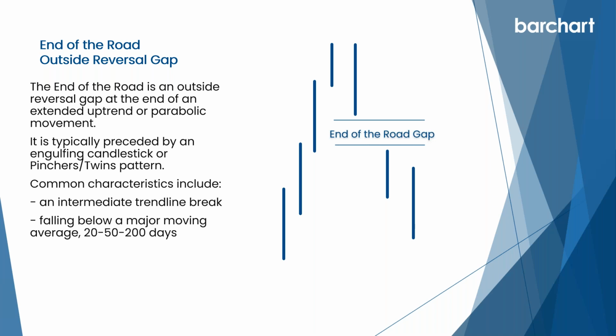Those are just your standard major moving averages. The gap typically is greater than 2% or one daily average true range. And again, for example purposes, I'm probably going to look at a 20-day moving average instead of a shorter term moving average, because that gap will influence a shorter term moving average.